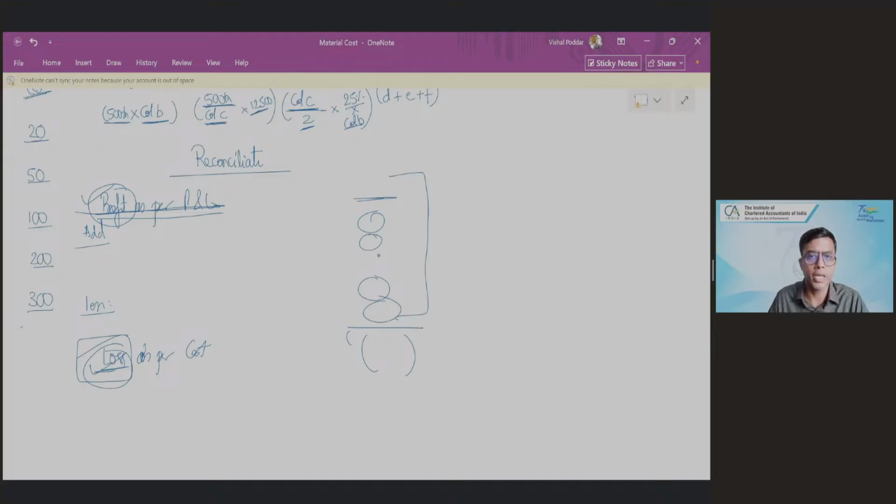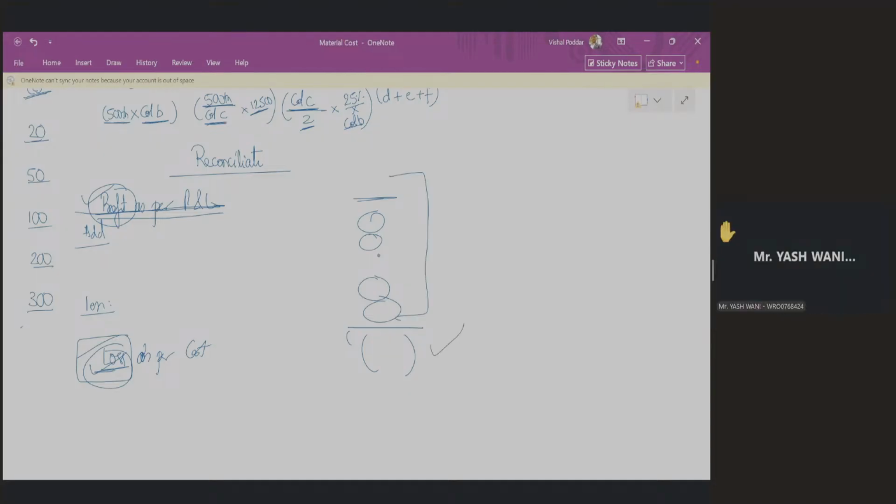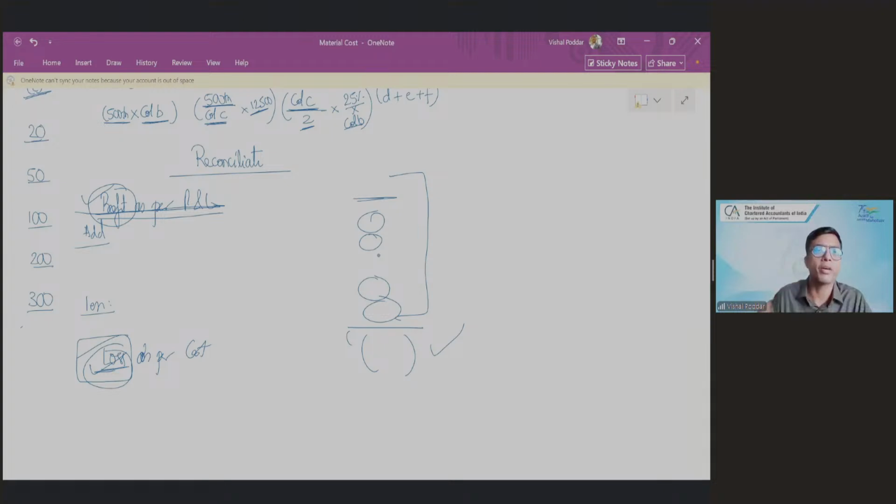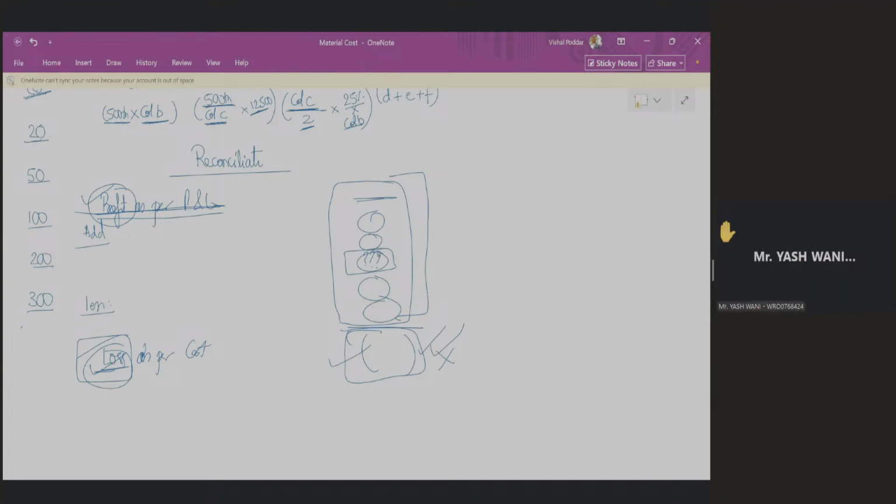Mathematically, this should tally with that, but it will not tally because of this missing figure. Normally we find out the excess consumption of material as our final answer, but if it is given, there is a very good possibility that something is a missing value. So when you put all these things, add and less, it should tally with the closing figure, but it will not tally in this question. Then whatever is the difference is the answer, beta: the excess consumption of material. Yes, sir. Understood.